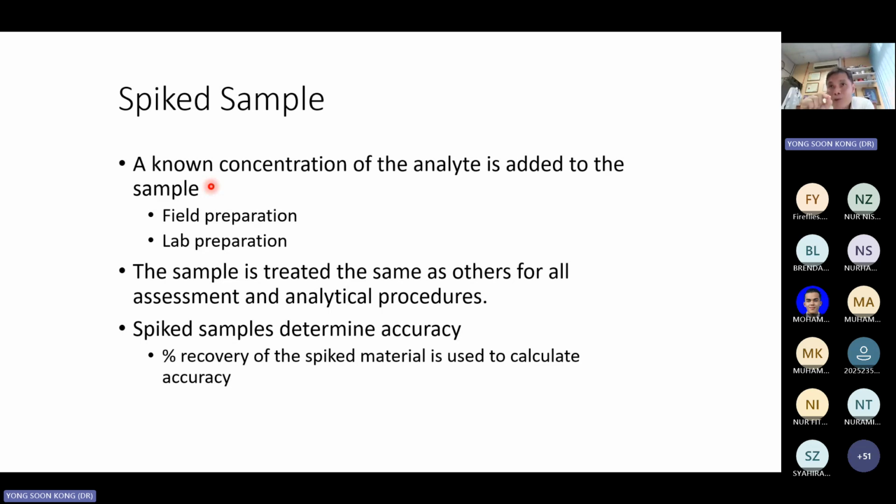That copper yang you letak tu ngam-ngam 1 miligram. Let's say in your bottle is 1 liter. Dalam 1 liter tu, you letak 1 miligram. So, inside that bottle that you collected, 1 milligram per liter, contoh. Or you also can detect the quantity. Like for example, if your water sample is sekian-sekian, you tahu exactly volume of it, you letak 1 milligram, that is your spike sample. So you know exactly inside there, there's 1 milligram copper.